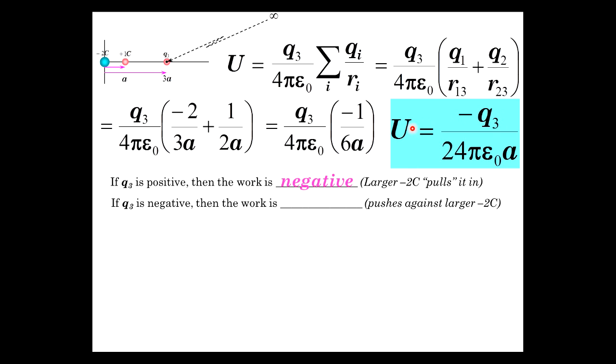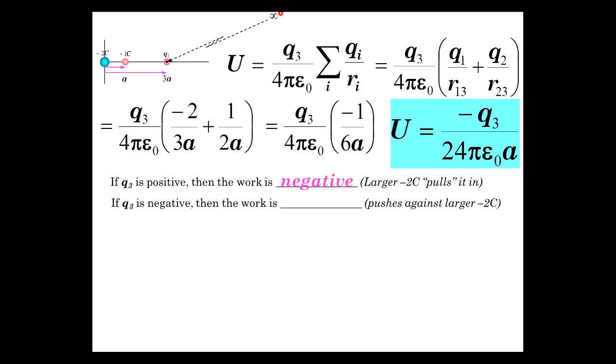If Q3 is positive, U is negative in total, which is basically saying that the minus 2 coulomb dominates over this system of 2 charges, so that the external force is holding it back, toward infinity, or away from this position. You're holding it back as it's being drawn in toward this position. So the external work done is negative.